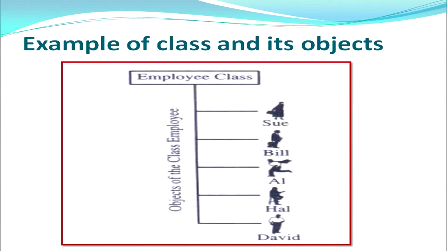So, in spite of the class being the same, all the objects have different values of those particular data members. So, this is the representation of a class. In this example, it is the employee class, and various objects of class employee, Bill, Sue, Hall and all these are shown as the various objects of class employee.